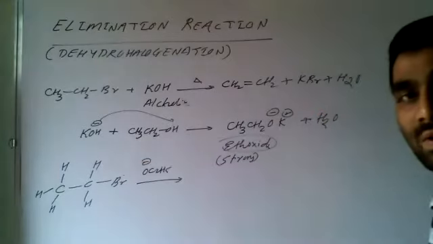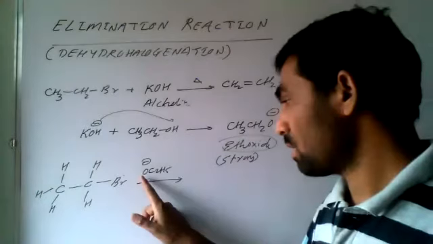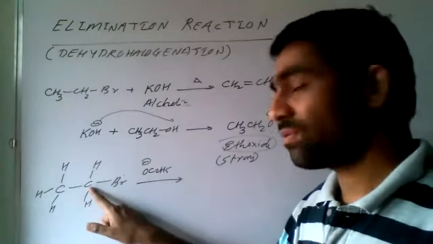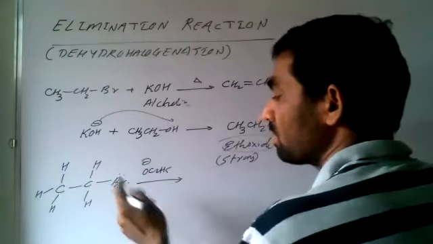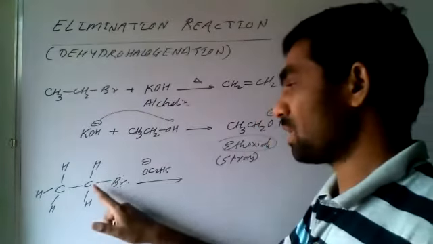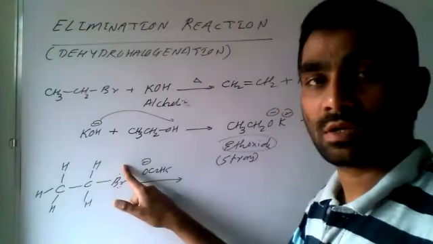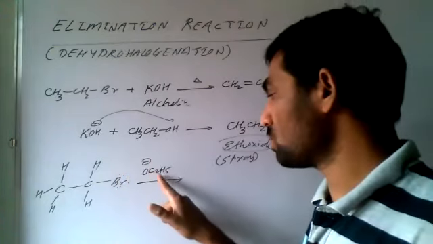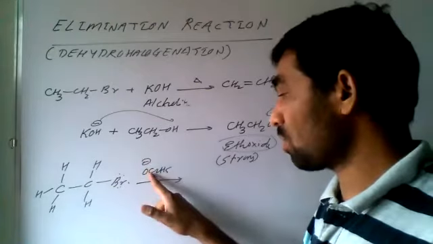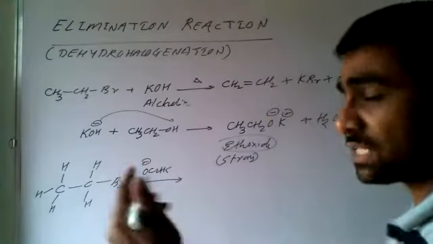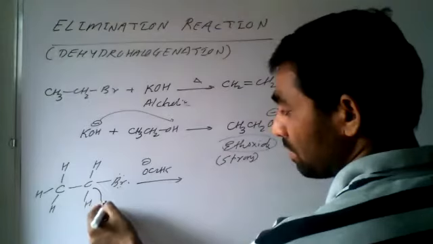This base cannot attack at this carbon. Why? Because the Br also carries electrons here, so this carbon is blocked. This ethoxide is a very strong base, it is not a nucleophile. So this ethoxide ion will attack which carbon? The adjacent carbon.